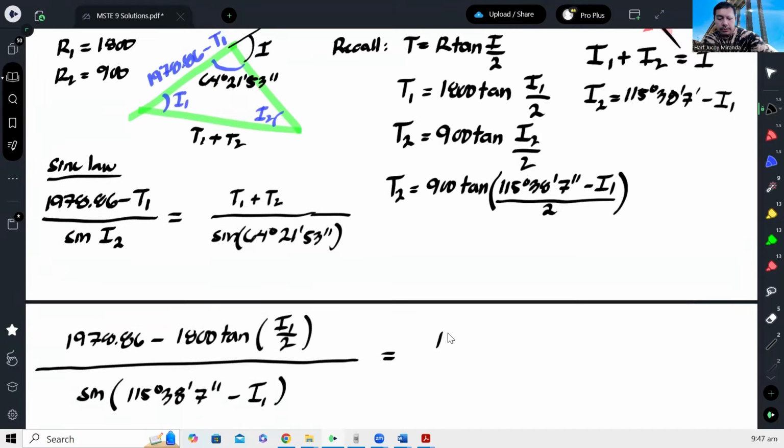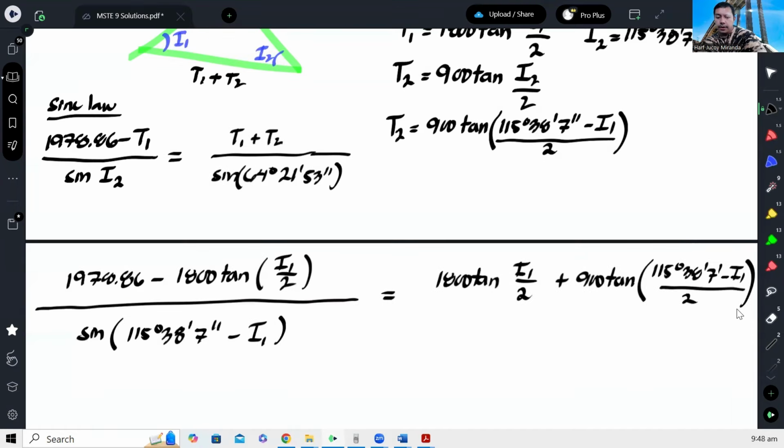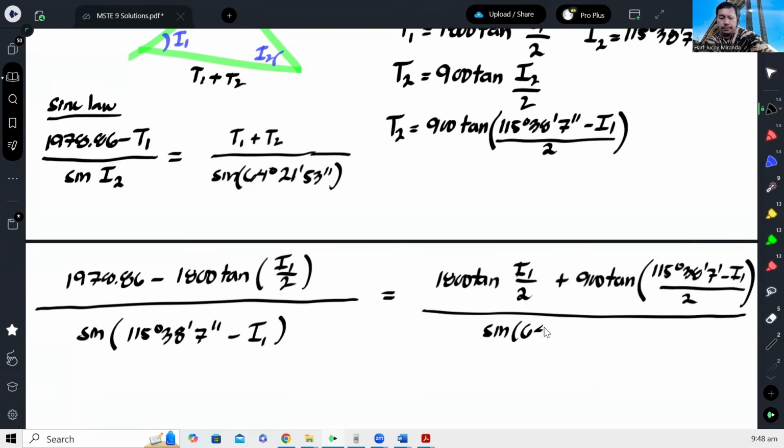Ang T1 is 1,800 tangent of I1 over 2 plus ang T2 is 900 tangent of I2 over 2. But I2 is 115 degrees, 38 minutes, 7 seconds minus I1 over 2. Okay? All over sine of 64. 2150.